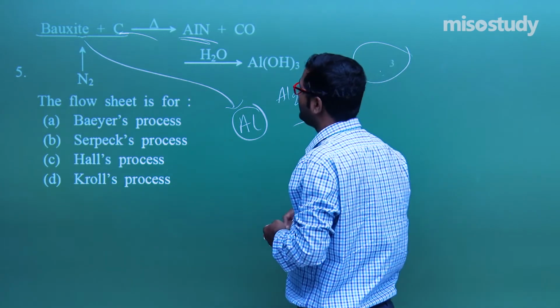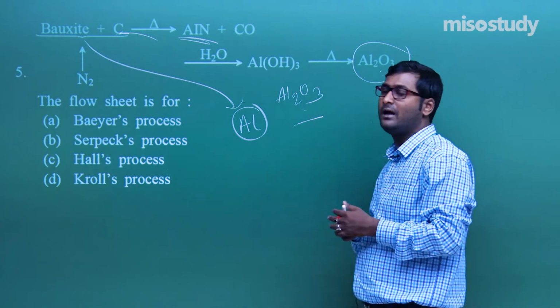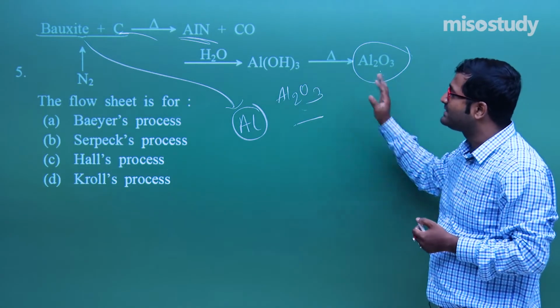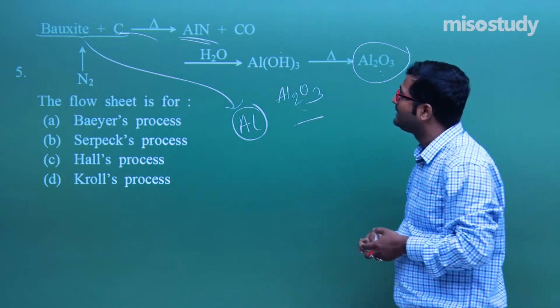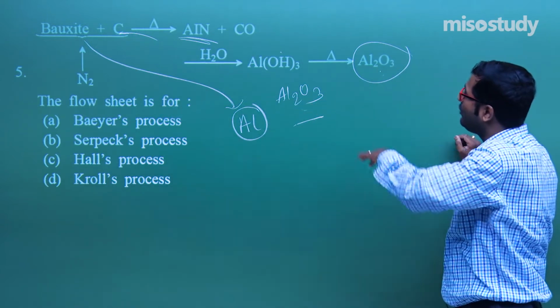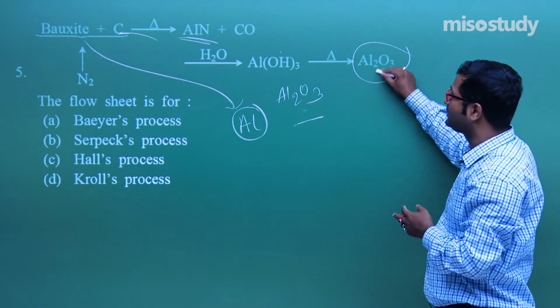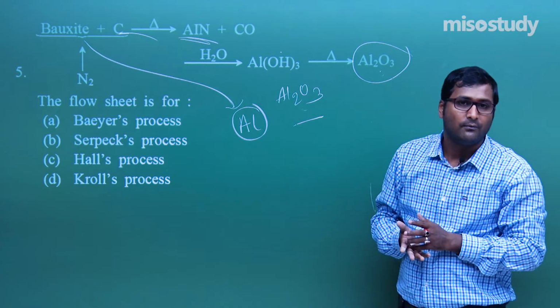This contains some impurities also. So when treated with carbon it gives AlN plus CO, then on treatment Al(OH)3, then Al2O3, and on further treatment it gives you the pure form of aluminium.